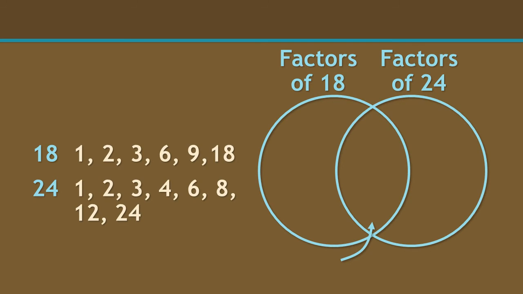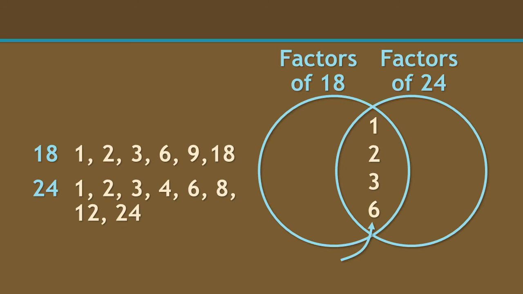So first we're going to take a look at our list and find our common factors. And we can see that those common factors are 1, 2, 3, and 6. And so we're going to write those numbers in the intersecting part of our Venn diagram.